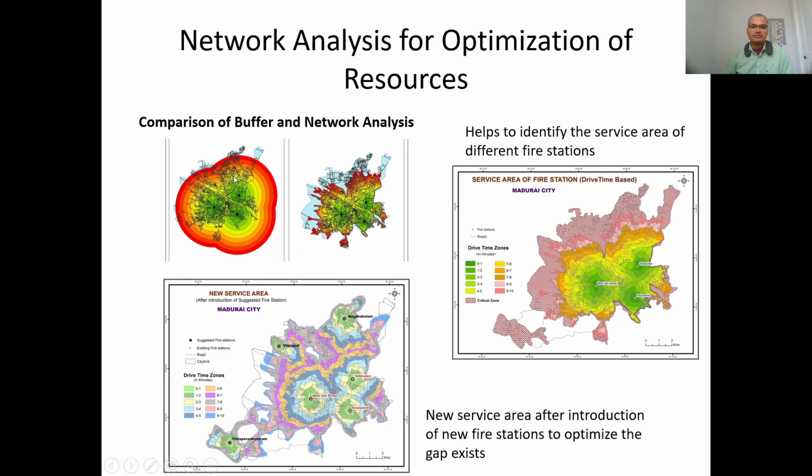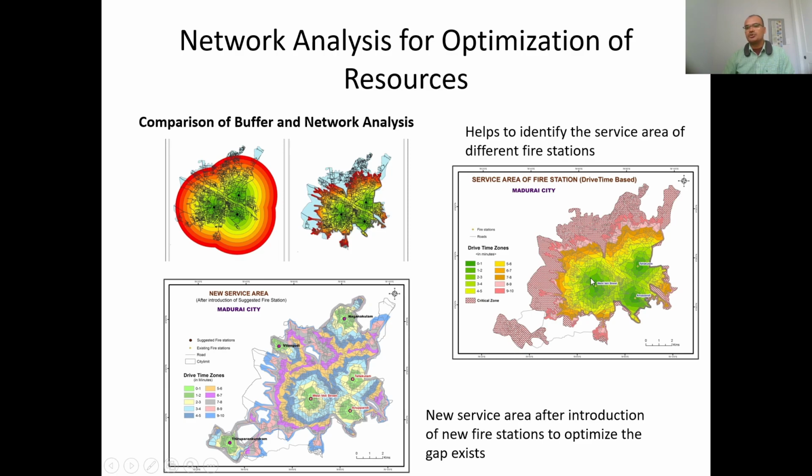So when I computed distance with the help of a buffer tool or radial distance, it looked like the three fire stations located in the city cover the entire city within 10 minutes of drive. But when I considered the network, it was really not so, because some of the roads are very poor, maybe have a limited speed limit, or some of the roads may be very congested, and some of the network may not be connected properly. You have to do a long routing.